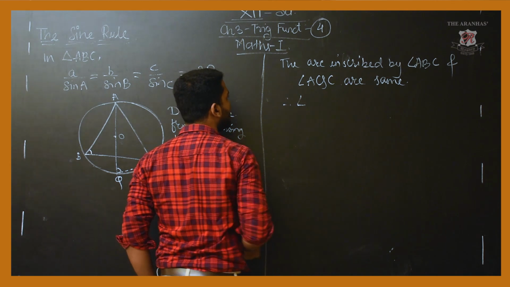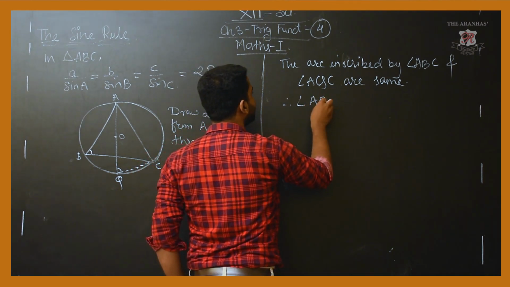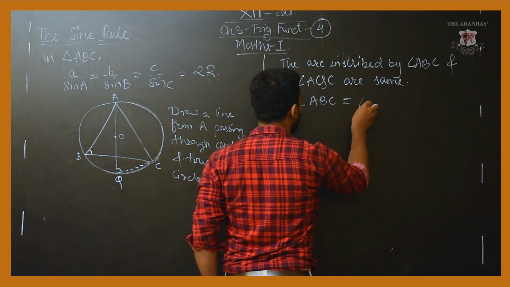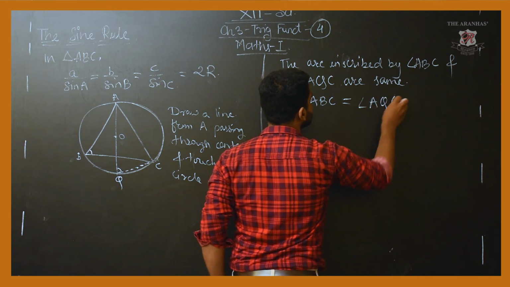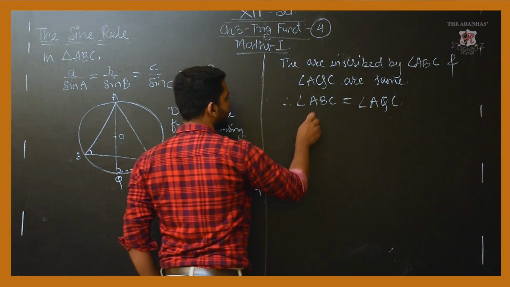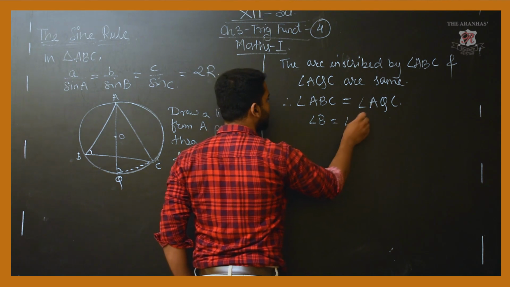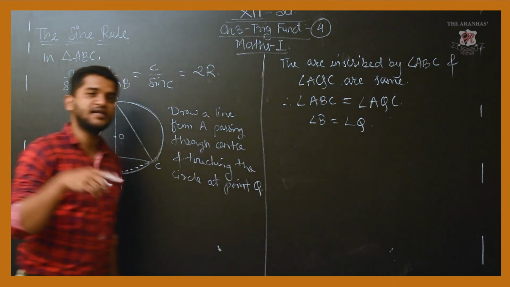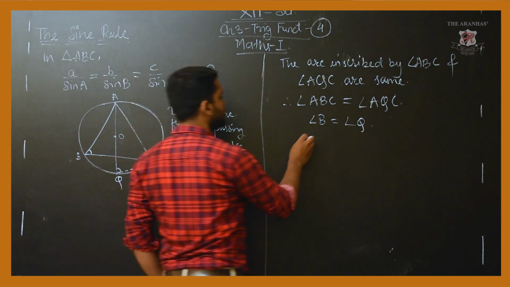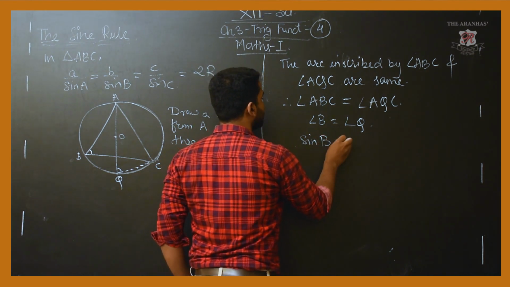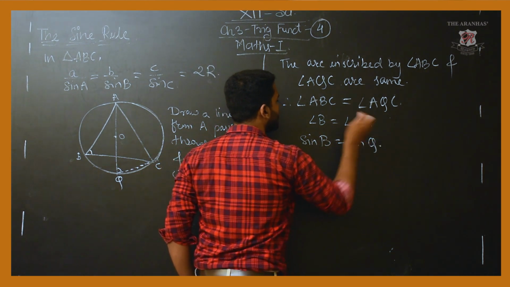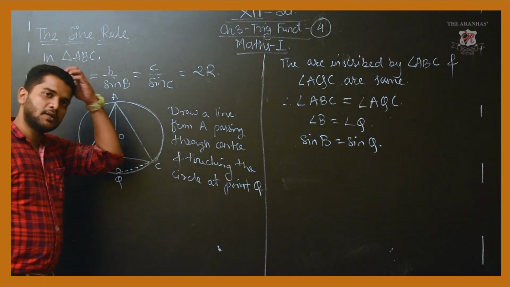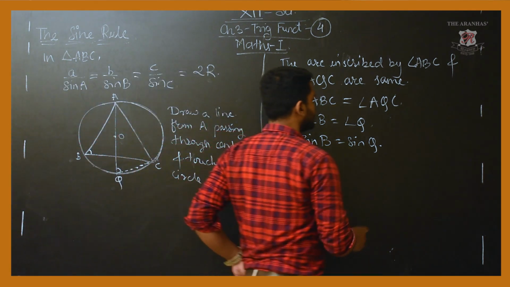Therefore, angle ABC is equal to angle AQC. So basically what we can say, angle B is equal to angle Q. Okay. Taking sine on both sides, it will be sine B equal to sine Q. Correct? Now till here I think everyone understood.